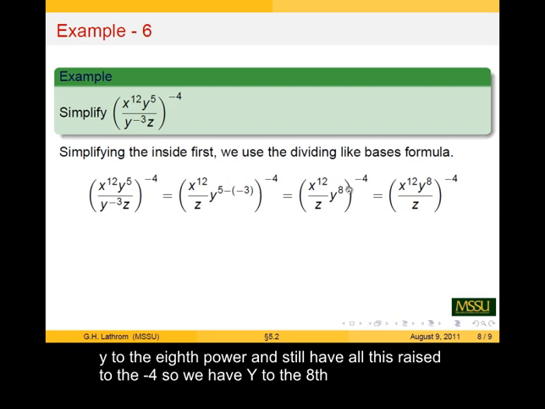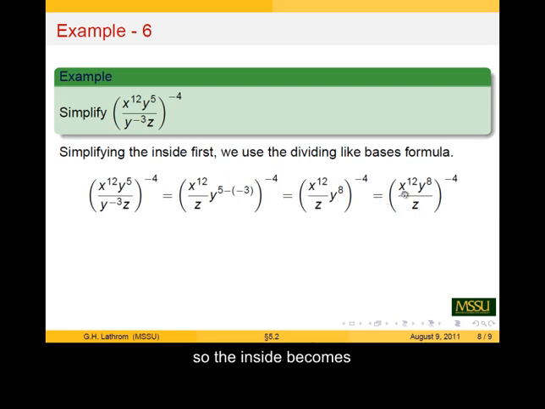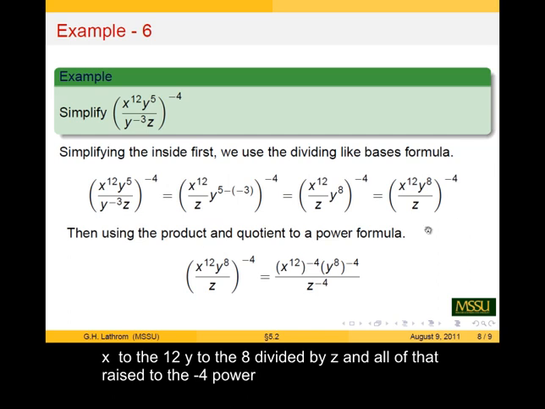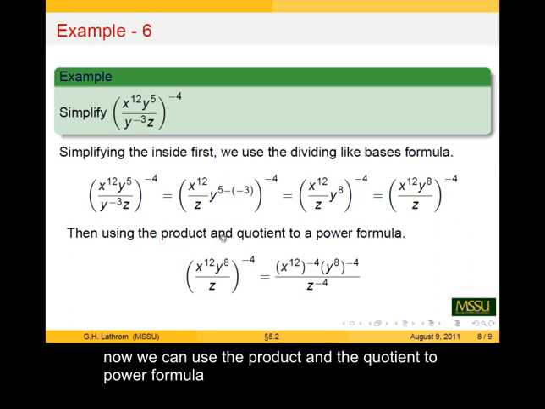And we still have all of this raised to the negative 4. So when we have y to the 8th, that y is in the numerator. So the inside becomes x to the 12th, y to the 8th divided by z, all of that raised to the negative 4 power. Now we can use the product and the quotient to a power formula.